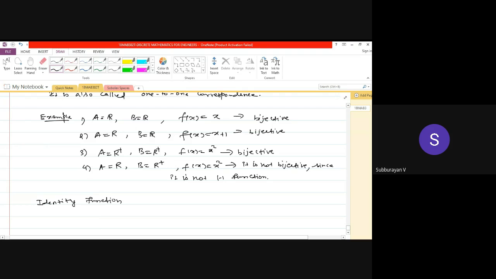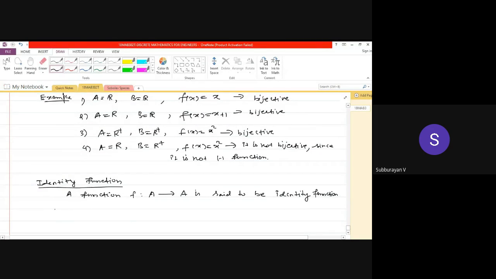A function f from A to A itself is said to be an identity function if f of x is equal to x for every x belongs to A. Okay, so this is the identity function.